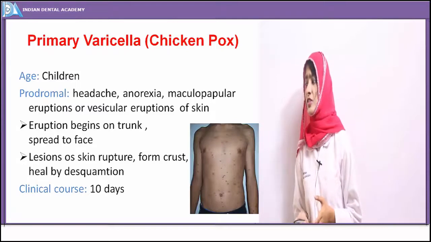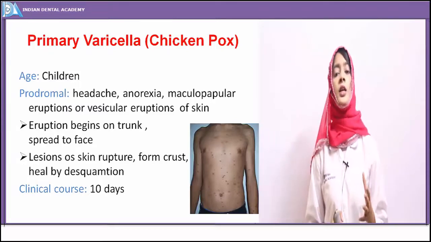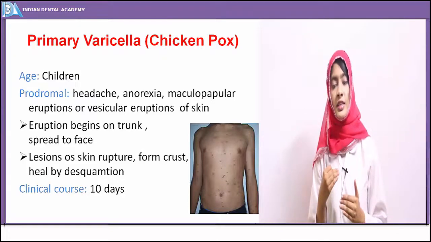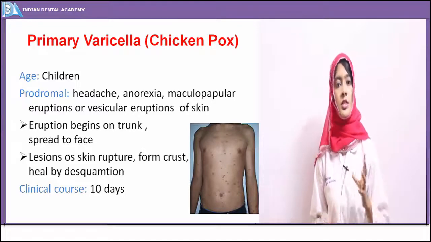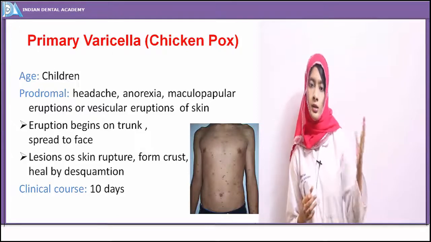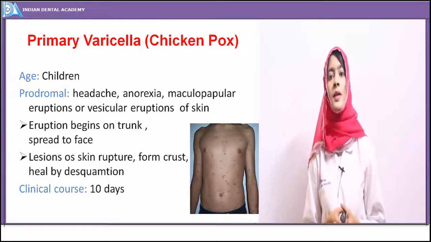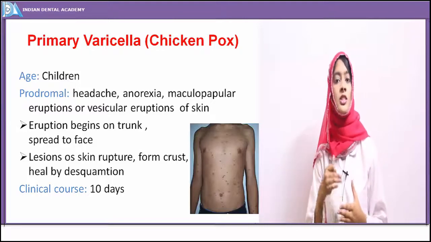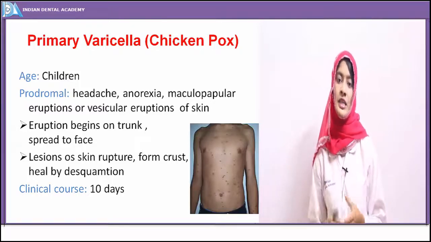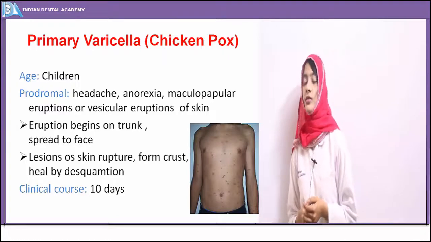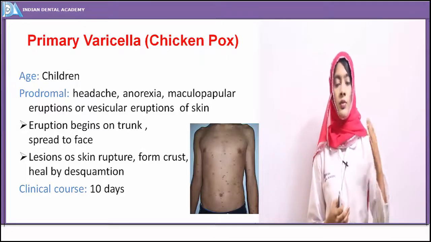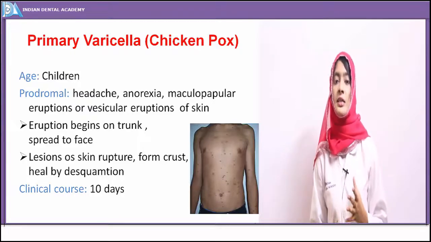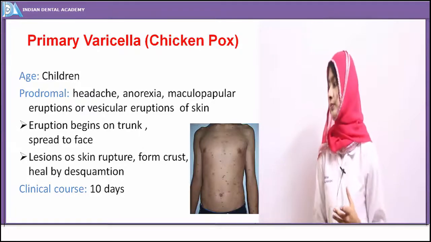The skin lesions rupture and heal by crusting and desquamation, and the presentation may be similar to herpes simplex. Initially the vesicles are edematous in origin, then they heal by desquamation. Once the infection has started, it takes about 10 days to resolve.